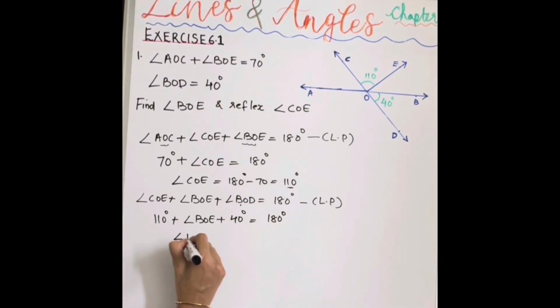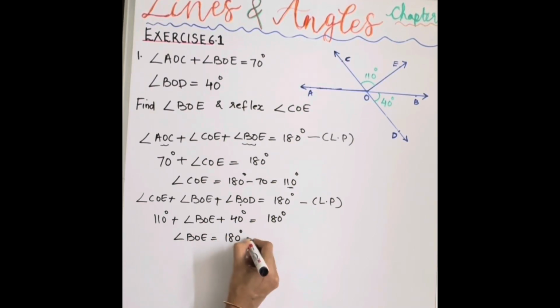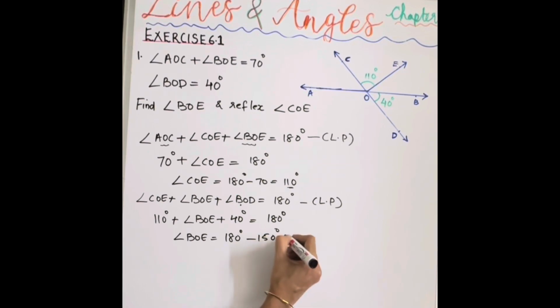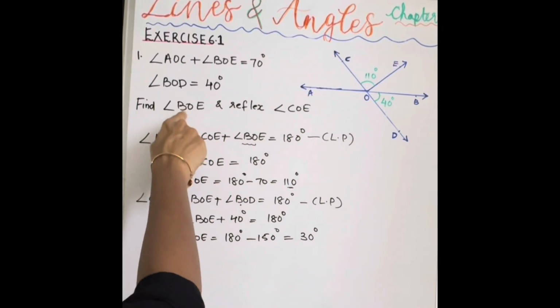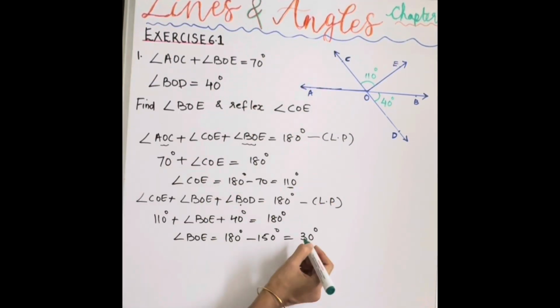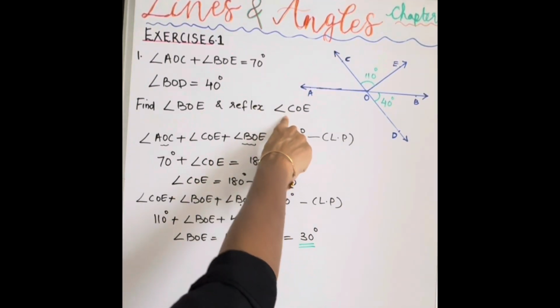So now angle BOE will be 180 minus 110 plus 40, which gives you 150. So BOE is 30 degree. So we have found the answer for angle BOE, which is 30 degree. And what is next? Next is reflex angle COE.